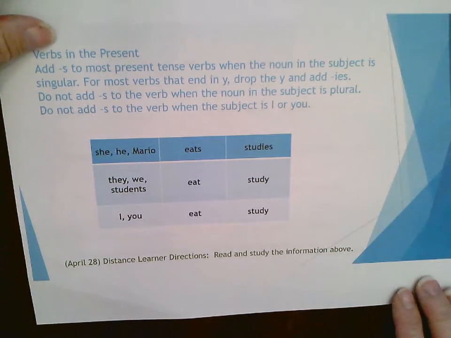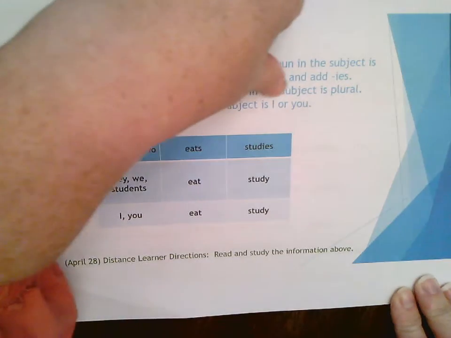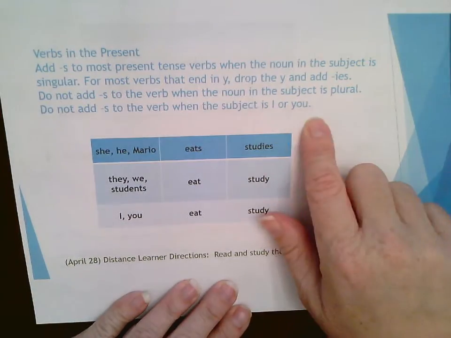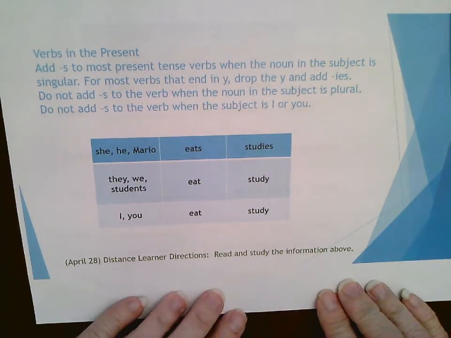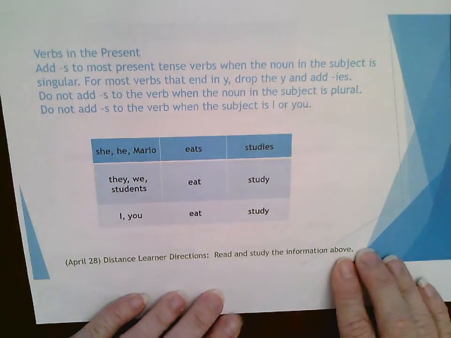Do not just add S to the verb when the noun in the subject is plural. And do not just add S to the verb when the subject is I or you. Let's take a look at this because that can sound confusing. So let's look at this chart.